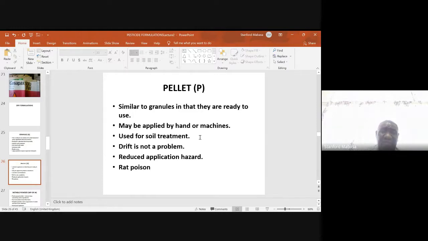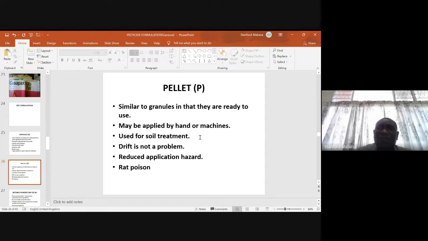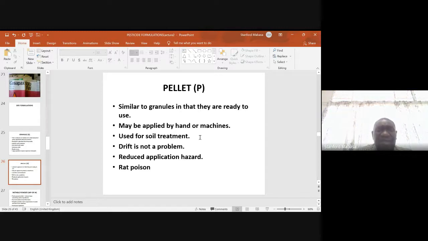Drift, if there's a lot of wind, is not a problem. And usually there's reduced application hazard. Some of the rat poisons are in the form of pellets. If you wanted to kill some rats, when you buy the rodenticide, it's in the form of pellets.